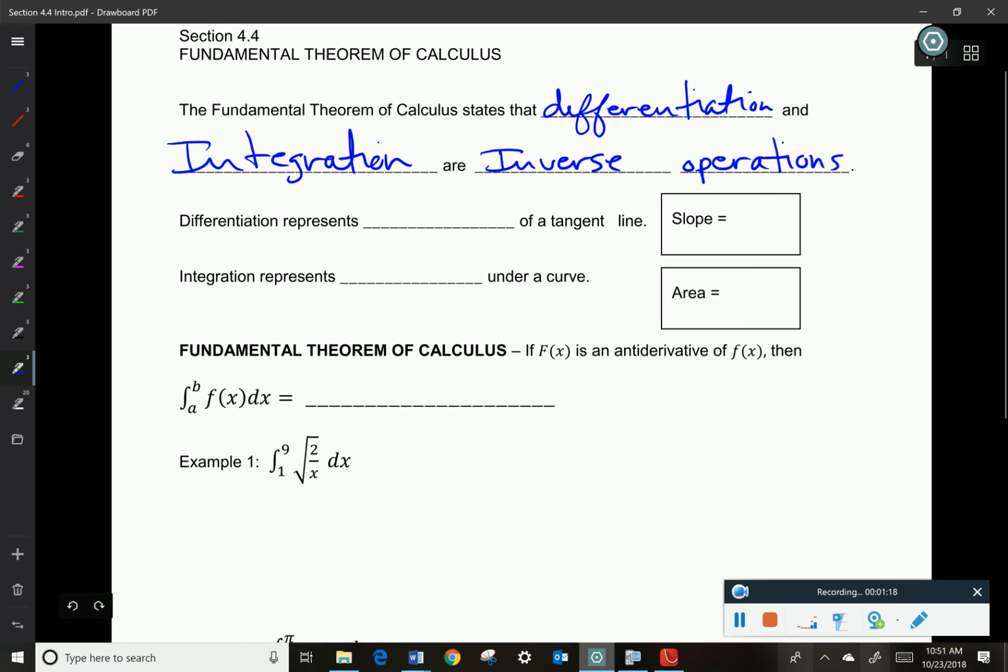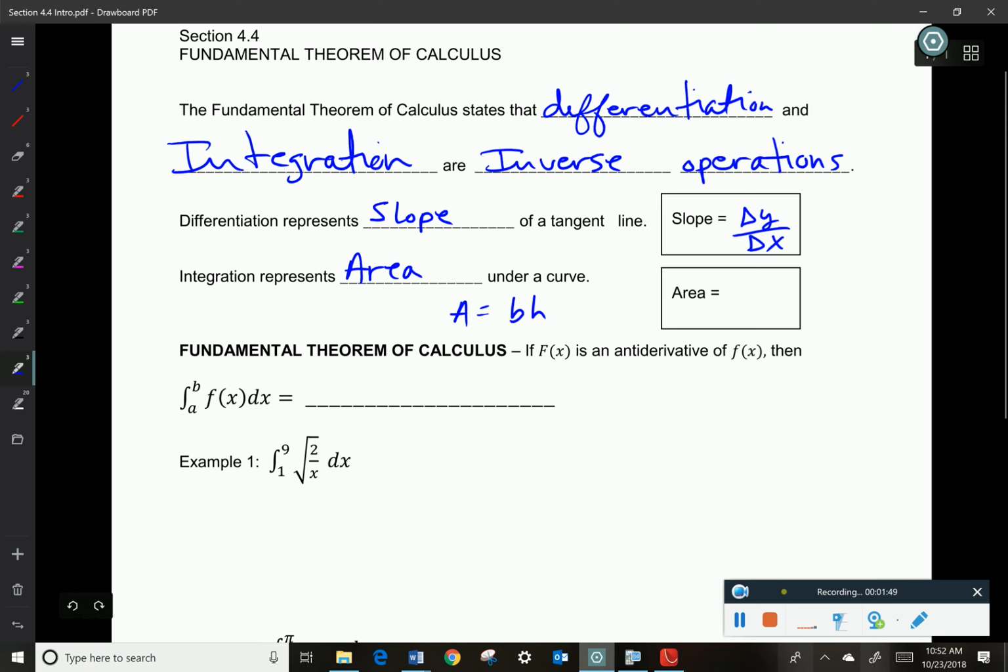So think about it this way. Remember, differentiation represents the slope of the tangent line, right? Well, slope back in algebra days was the change in y over the change in x. But integration, the other day we said, represents the area under a curve. When we were estimating area by doing rectangles, the area of a rectangle is base times height.